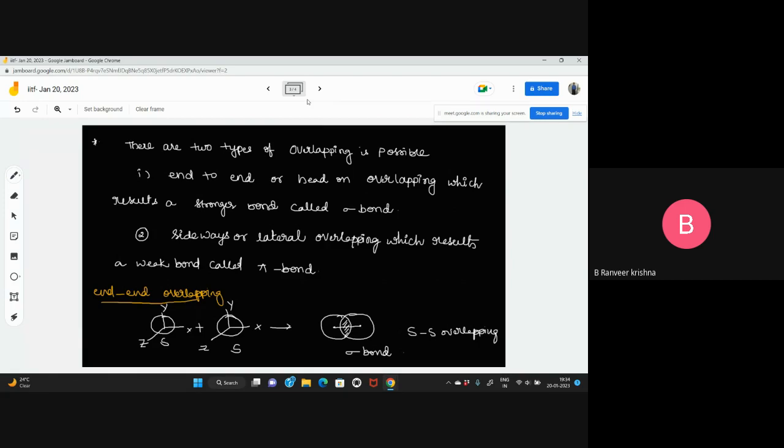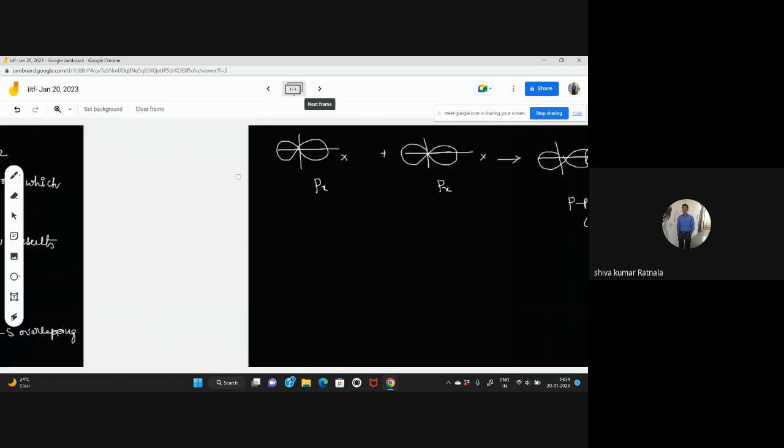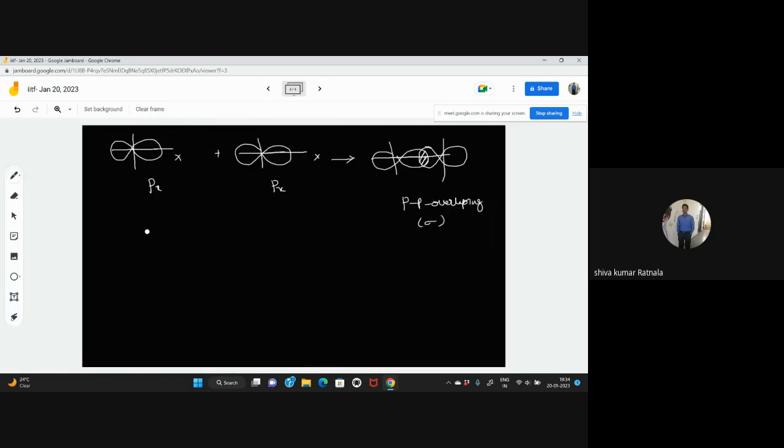Next, let me take s and p. This is an s orbital. Now see, all overlapping is in one direction only, either x direction or y direction or z direction, right? Yes or no? Yes, sir. So that's why the covalent bond is always in either x direction or y direction.